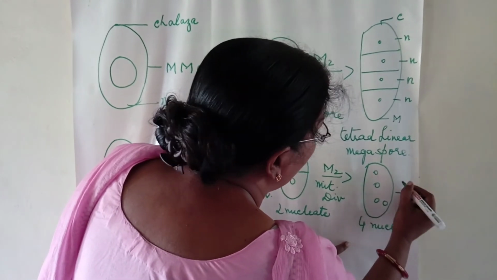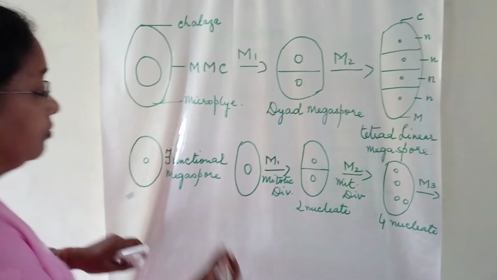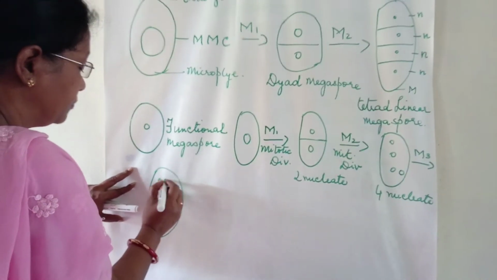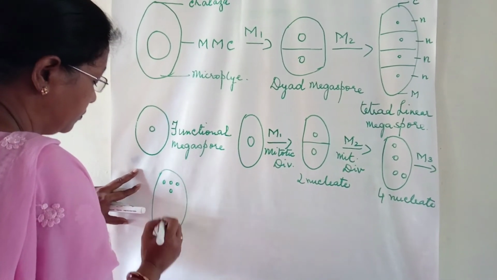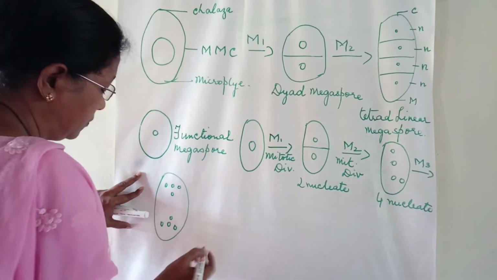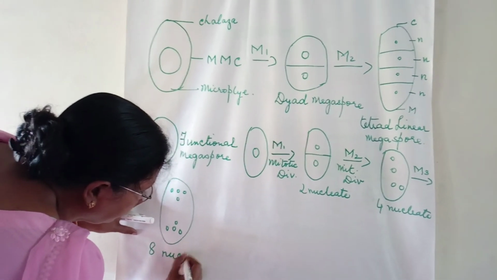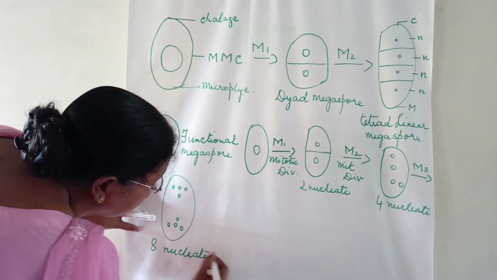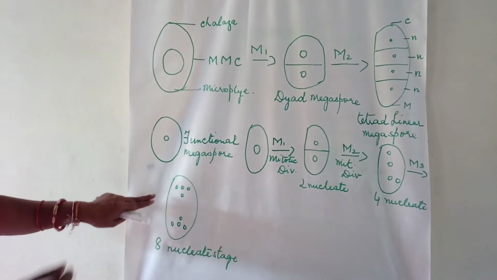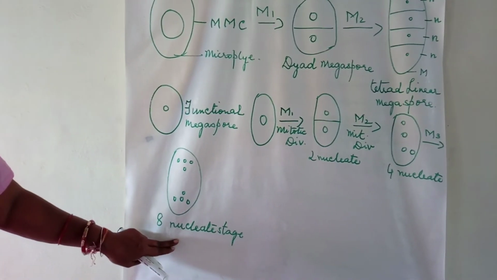It again undergoes the third mitotic division, where eight nuclei are formed. This is the eight nucleate stage. After the formation of this eight nucleate stage, cell wall formation starts.